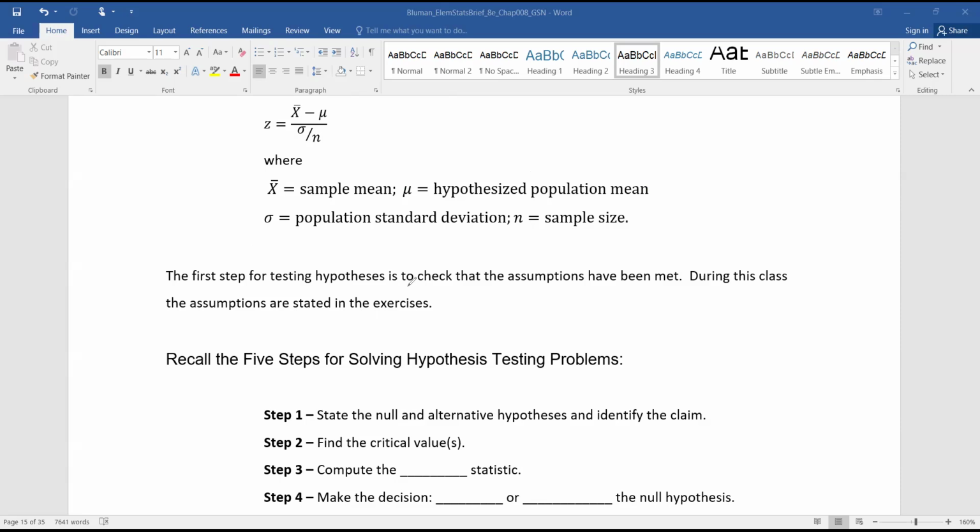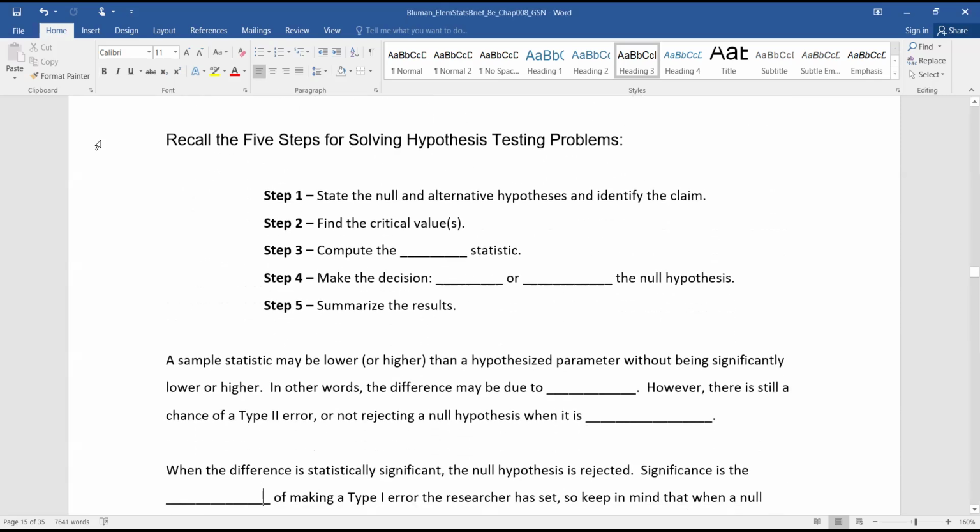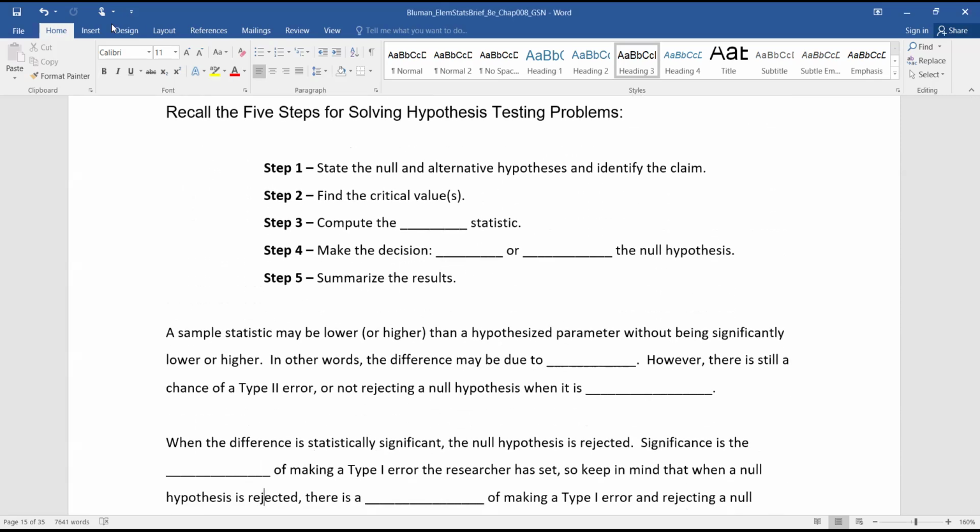The first step for testing a hypothesis is to check that the assumptions have been met. During this class, the assumptions are stated in the exercises, so it's always taken care of for you. Let's recall from the previous video the 5 steps of solving hypothesis testing problems. Step 1, we state the null and alternative hypotheses and identify which one is our claim.